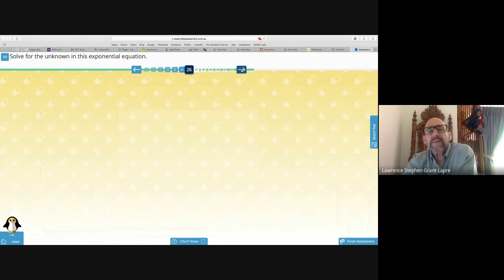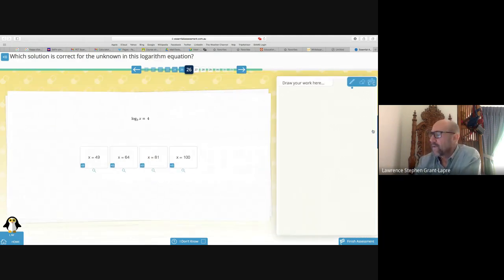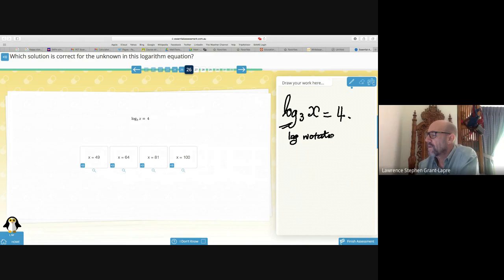And the next question, the log of... now we haven't done many of these. The thing is, the log is an index. This is log notation, and this says that the base is 3.